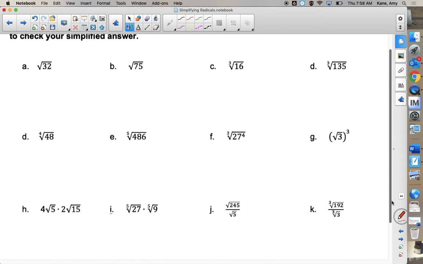And depending on the index, make sure you're using the correct column of numbers. So that sheet helps give you an idea of what numbers you could try and use to divide into the value underneath the radical.